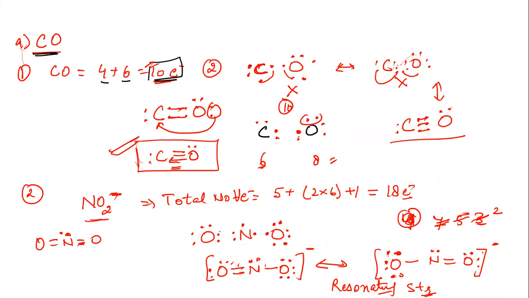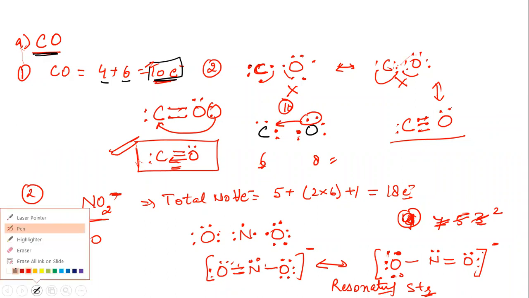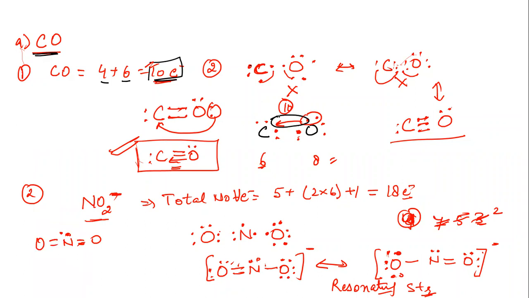This lone pair on oxygen is going to give both of its electrons to make a bond with carbon. This type of bond is known as a coordinate bond.